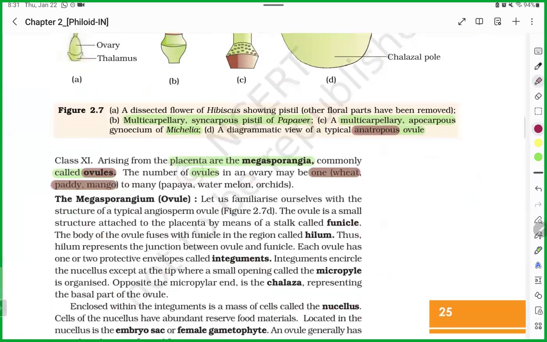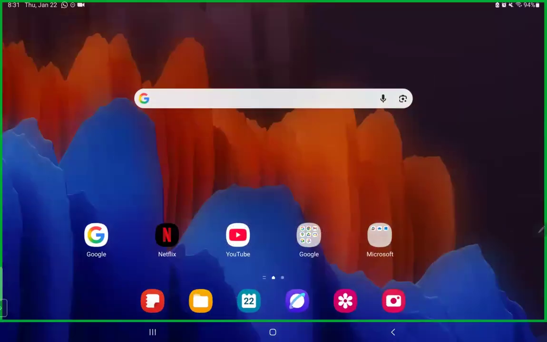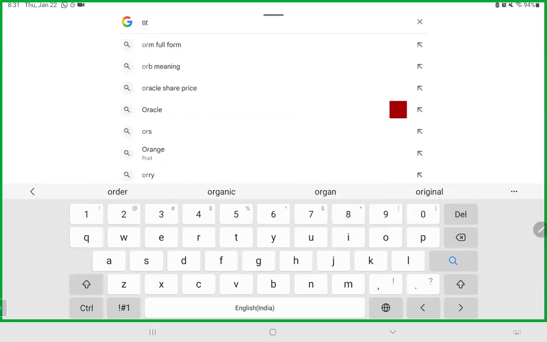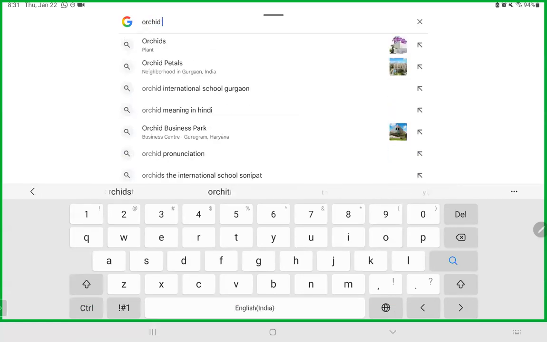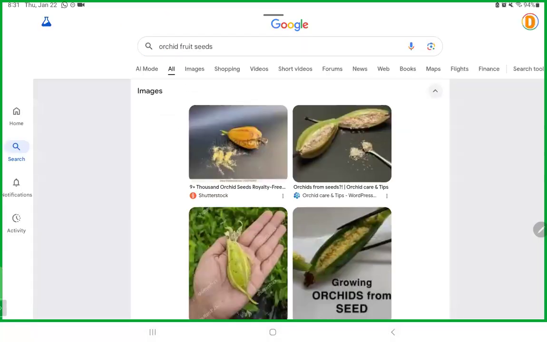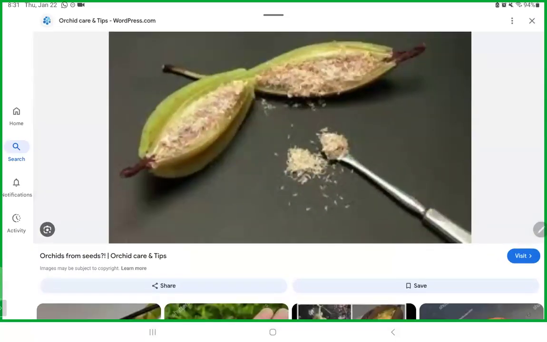And the fruit that has multiple seeds. Example, papaya has multiple seeds. Watermelon has multiple seeds. Orchid has multiple seeds. You must not have seen orchid fruit, it is not very popular.